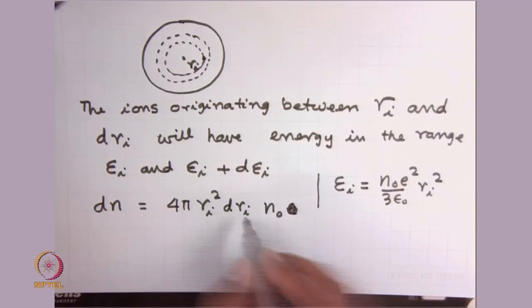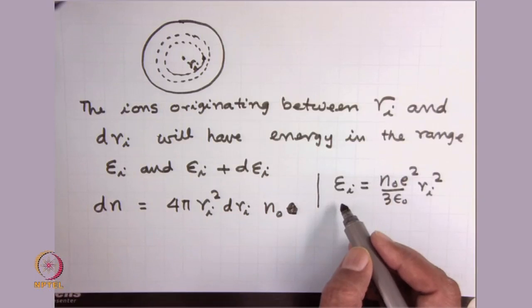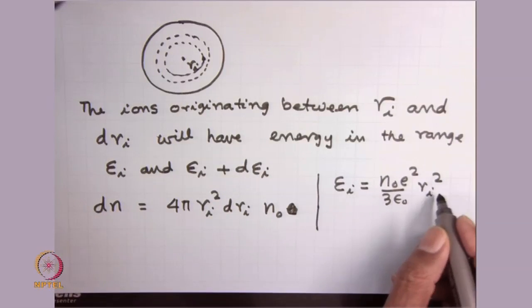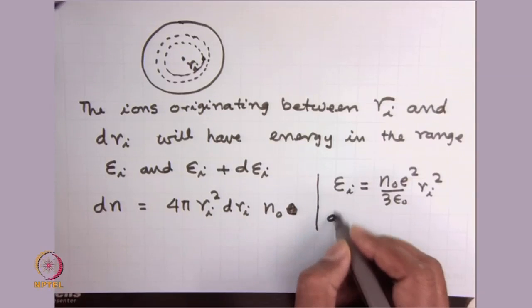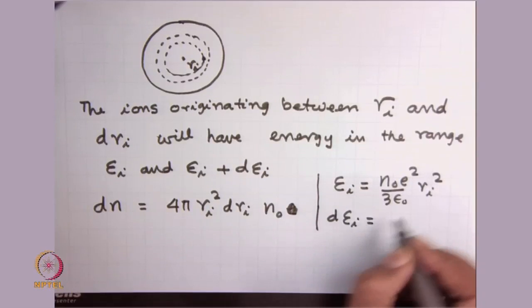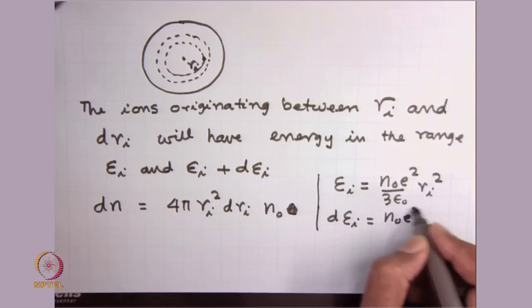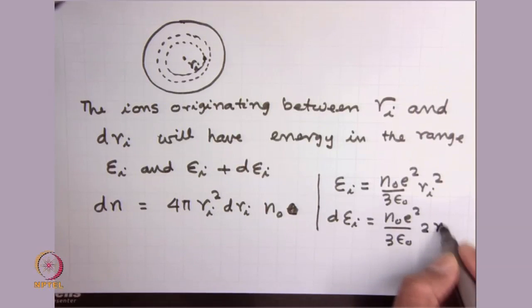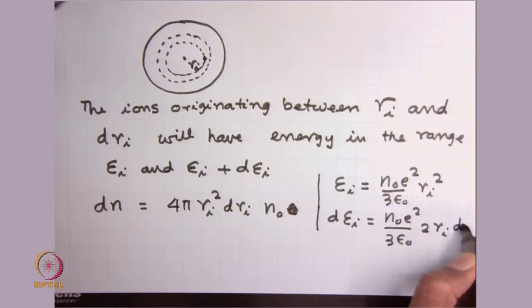So, Ri I can write in terms of Ei, and dRi I can write in terms of dEi. I can differentiate this: dEi is equal to N0 e square upon 3 epsilon 0 times 2 Ri dRi. So dRi is related to dEi.